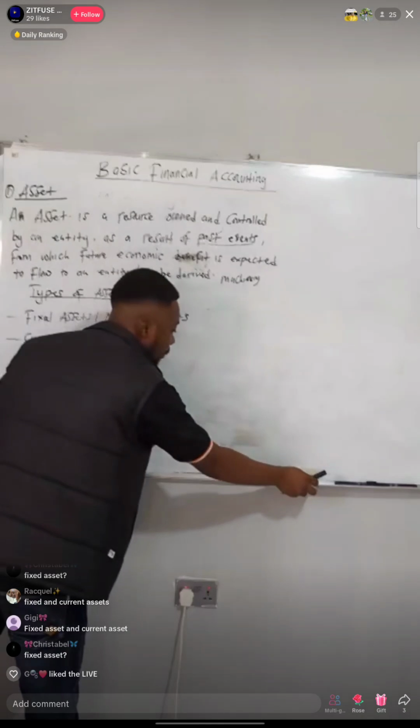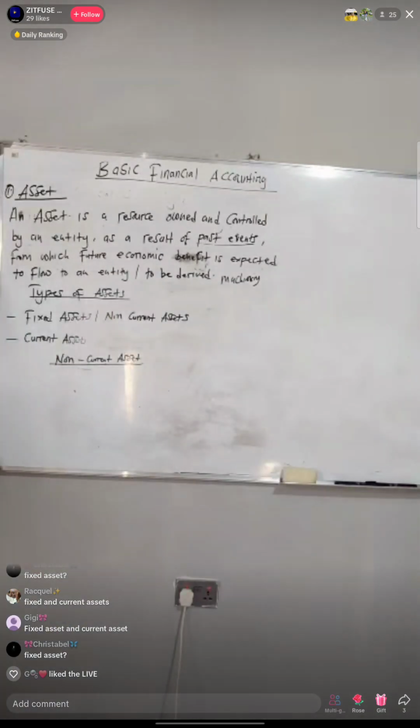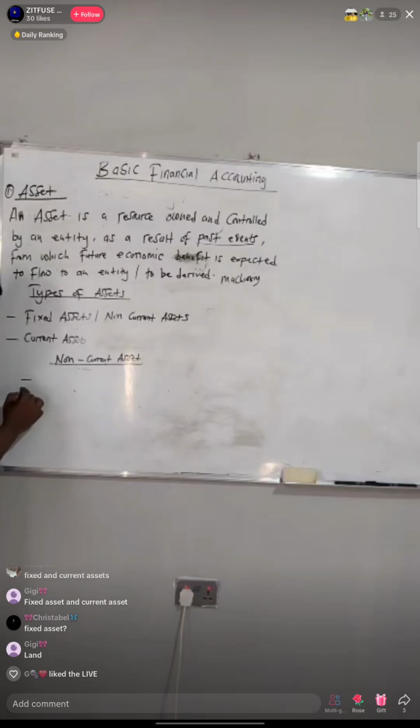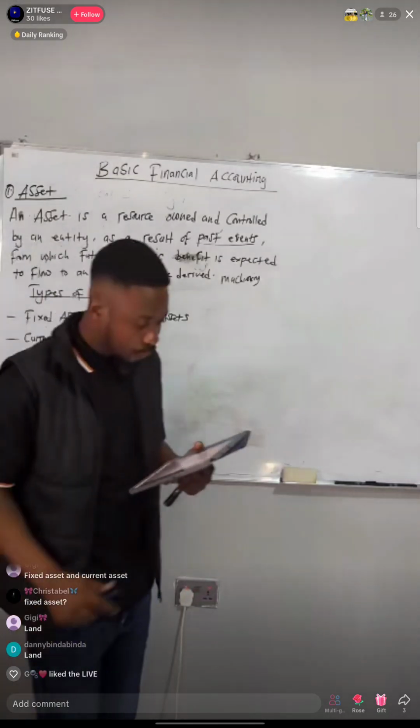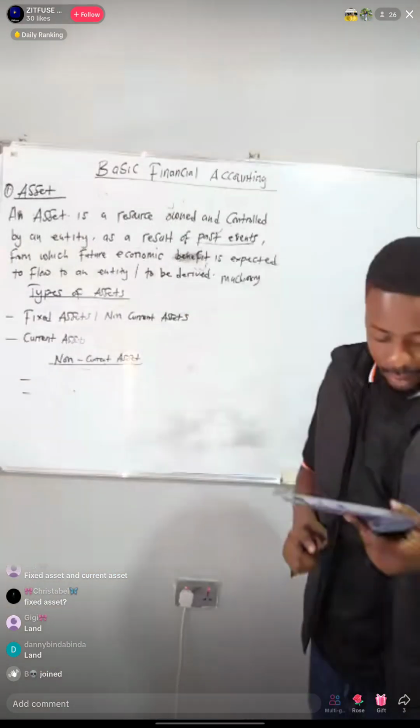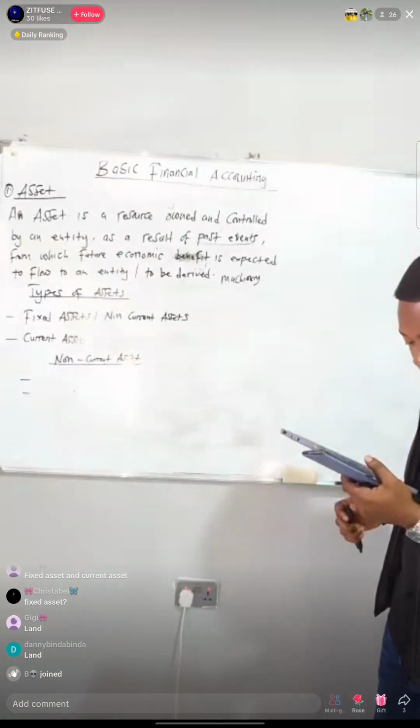And then, who can help us with some examples of non-current assets? Kindly type there, give us examples of non-current assets. Which non-current assets do you know? Let's be quick. What are some of the non-current assets that you know?